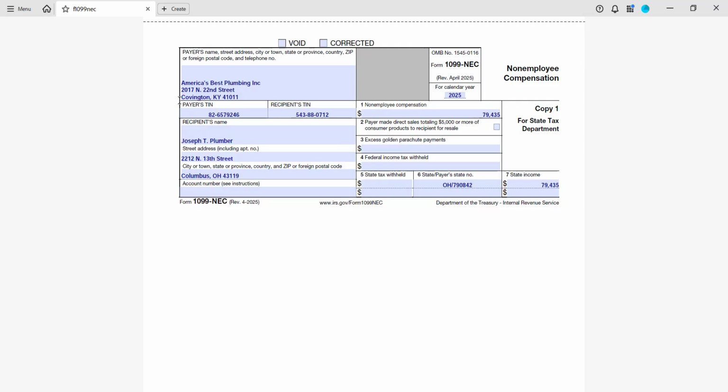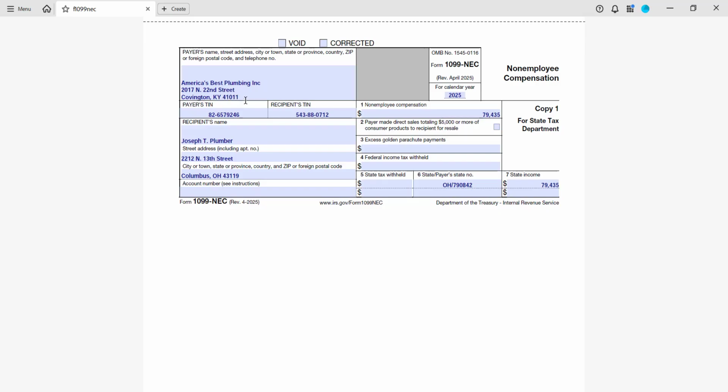So to read this, we know that this is for 2025. Then we're going to go to the payer's information. So this is the business that actually hired the contractor, okay? So in this example, we have America's Best Plumbing, Inc. They're located at 2017 North 22nd Street in Covington, Kentucky.